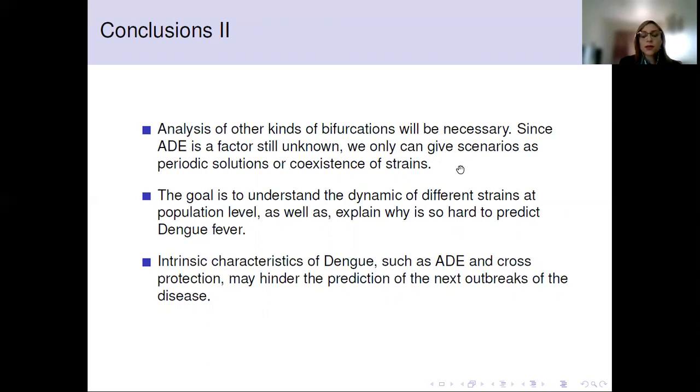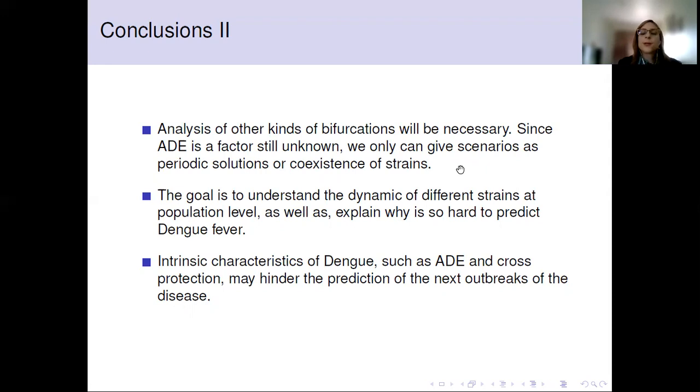The main goal of this model is to understand the dynamics of dengue fever using antibody-dependent enhancement, coexistence of strains, and cross protection.